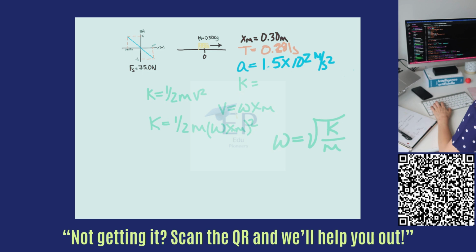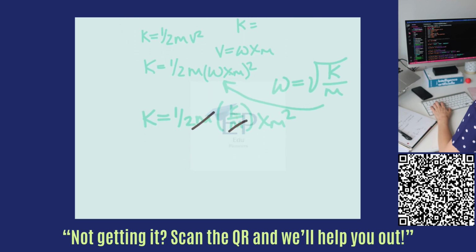And when we plug that in here, we get a final equation of kinetic energy equals 1/2 our mass times our k over m times our xm squared. And we can simplify this even further because our mass is going to end up dividing out here. So our final equation for kinetic energy will be kinetic energy equals 1/2 our spring constant times our amplitude squared.